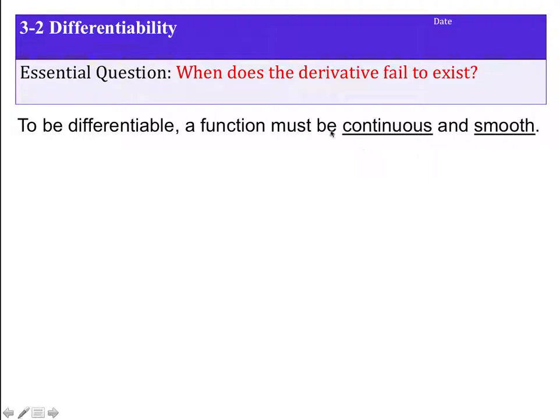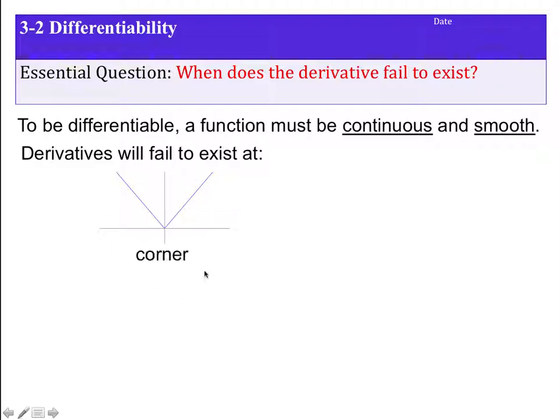So let's take a look at some functions that have those jagged edges, so to speak. The first function we're going to look at is absolute value. It's got a corner right here, and so if we notice when we're drawing this, we can draw it without lifting our pencil. So we meet the continuity requirement, but this point right here is where two different slopes come together.